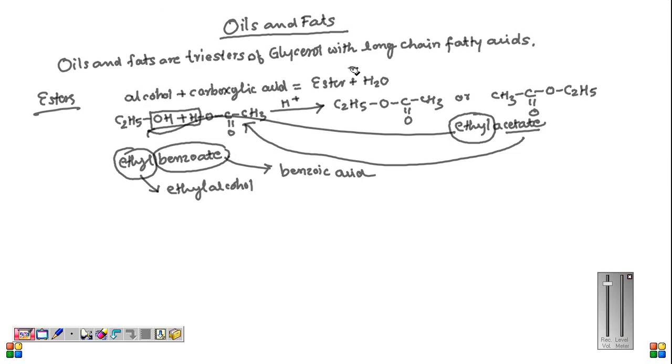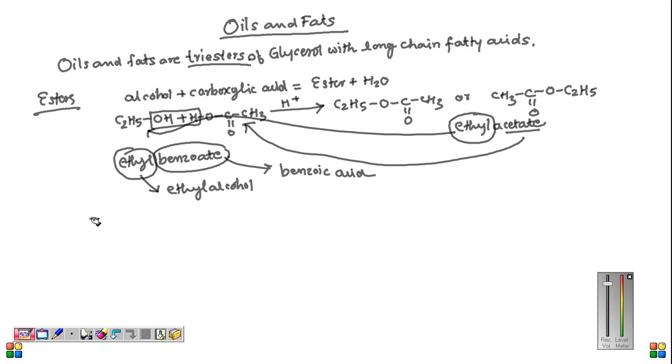Now, oils and fats are triesters of glycerol with long chain fatty acids.